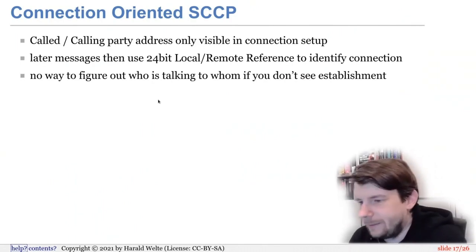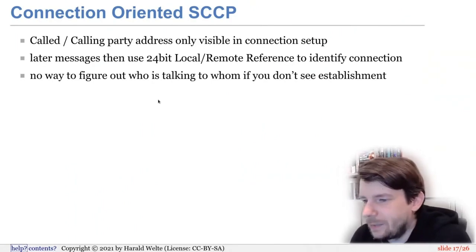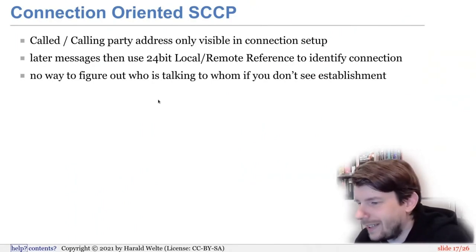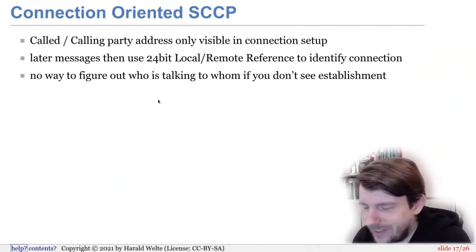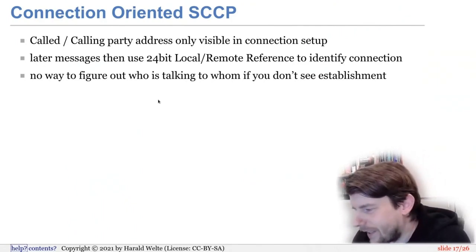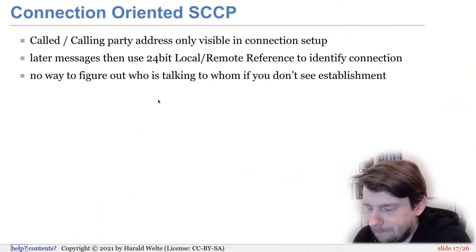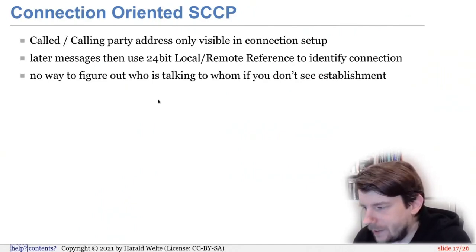Yeah. So connection-oriented SCCP, at least the only use cases that I am aware of, and of course I mostly know several networks, is only between the RAN and the core network of mobile operators. So you will not have a very complex hierarchy in between. So between the BSC and the MSC, for example, it's not used in the core network or between operators.